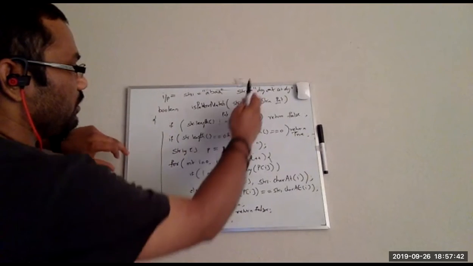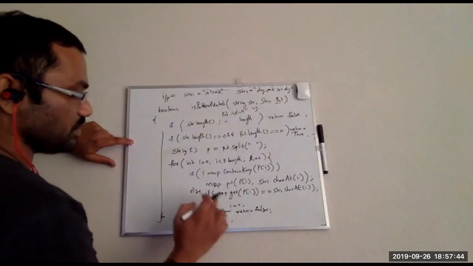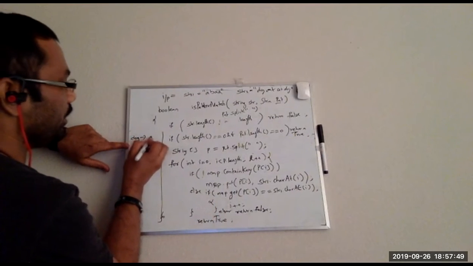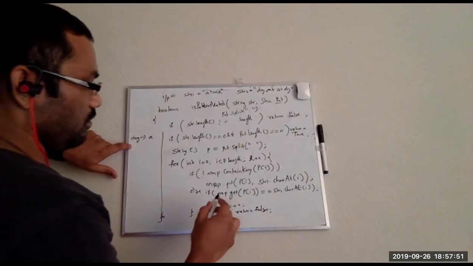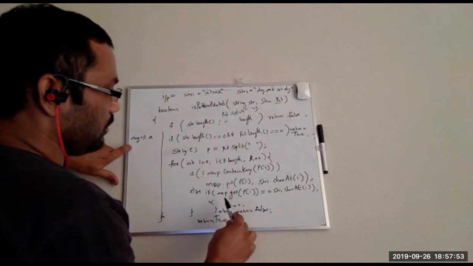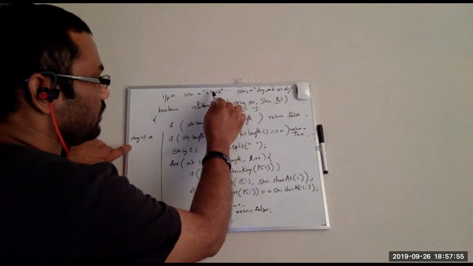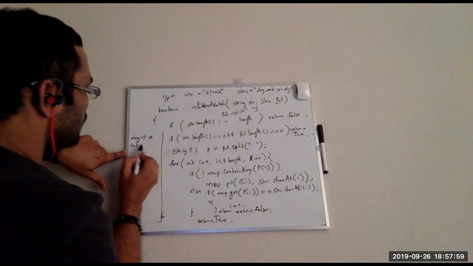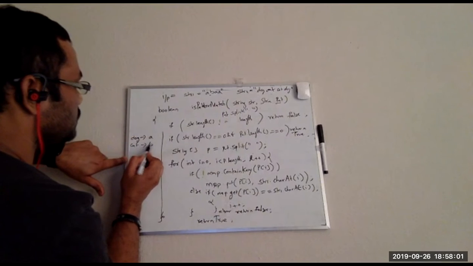Now for the 0th element, we put dog in the hash map using this line, dog to A. Now we will be checking another thing for cat to B. There is no cat, so we insert cat to B into the hash map.